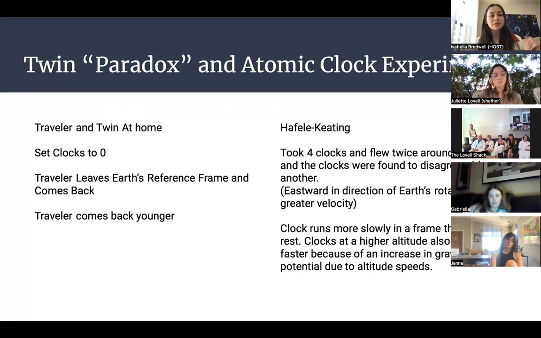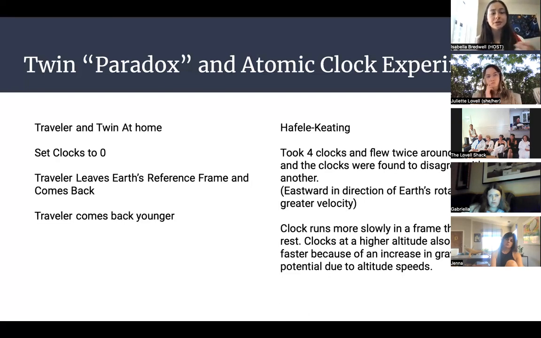If you have a set of twins, and one of them is traveling away at the speed of light, and they both set their clocks to 0 when they leave, the person that comes back from space who's been moving at the speed of light is going to be younger than the person who stayed on the earth. So basically, when you're moving at the speed of light, it's almost like your atoms are decaying slower. So time as we view it isn't necessarily real.